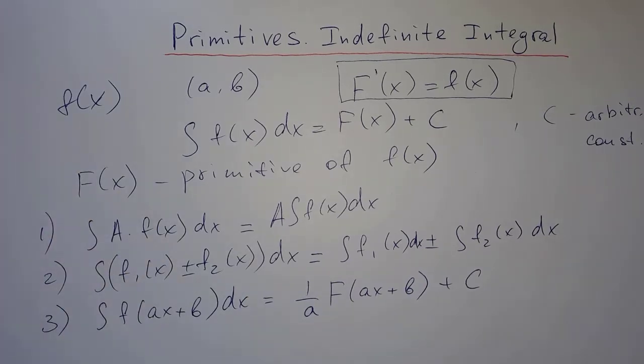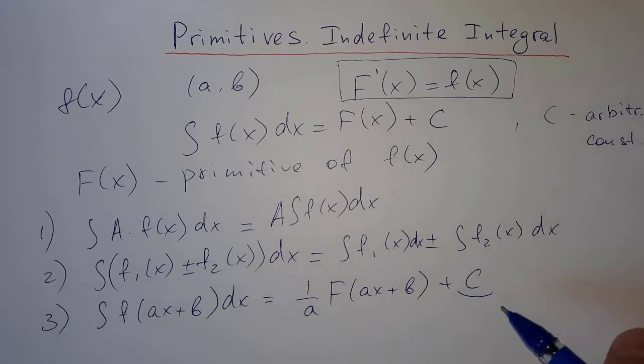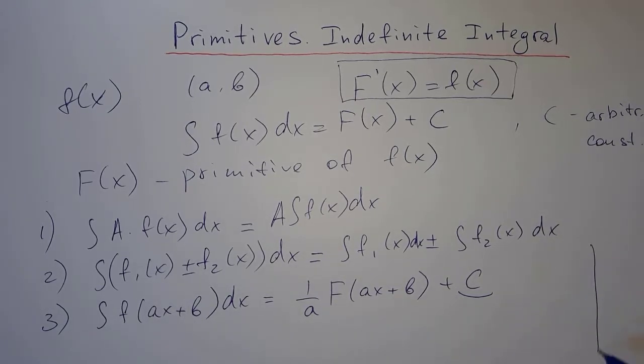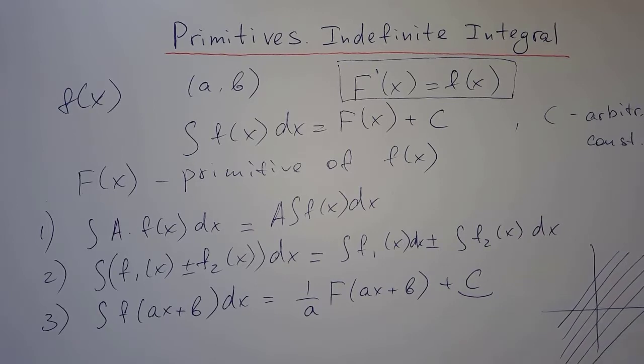So we need to add this constant c every time in the indefinite integral, because here we get a family of solutions. For example, if we have any function as a solution, we can add or subtract this constant and get any other one. So infinitely many solutions we will get.